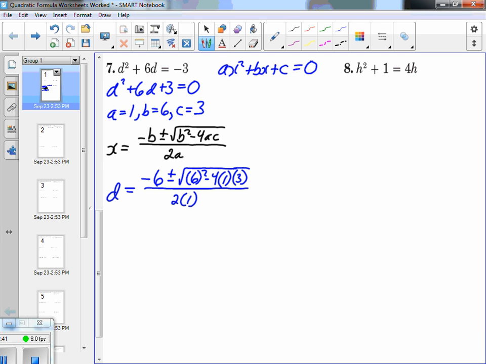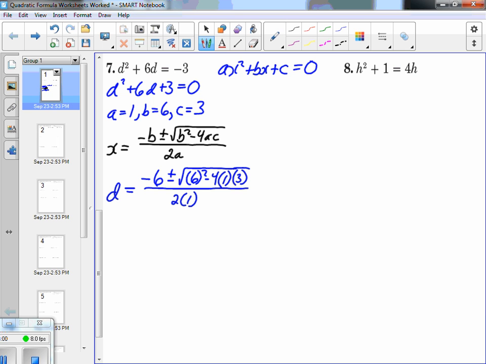We put our equation in standard form. We identified a, b, and c. We knew the formula. We substituted the numbers in for a, b, and c. Now we simplify. And this usually takes several steps.